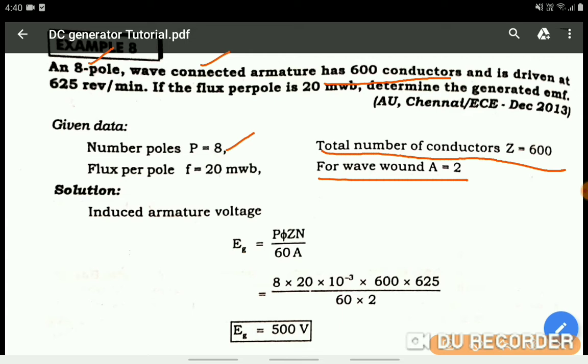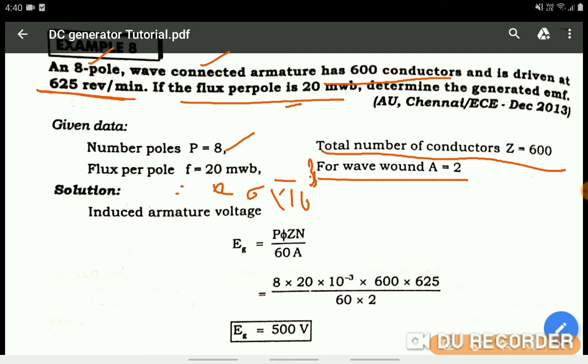The only other information we can understand here is 625 revolutions per minute, and flux per pole is 20 milliweber, means here 20 into 10 power minus 3 weber.